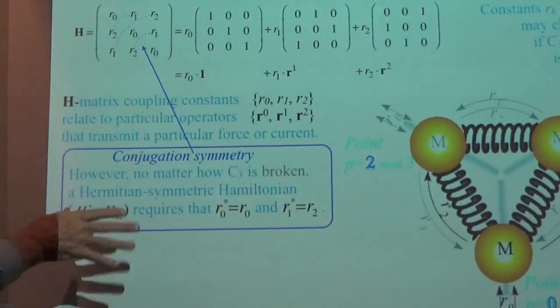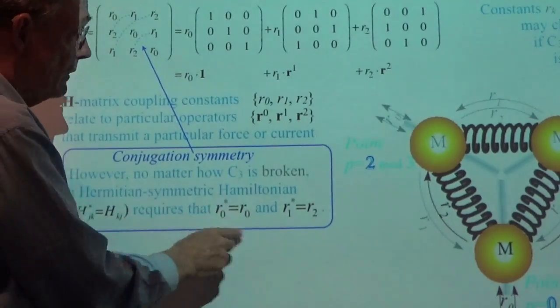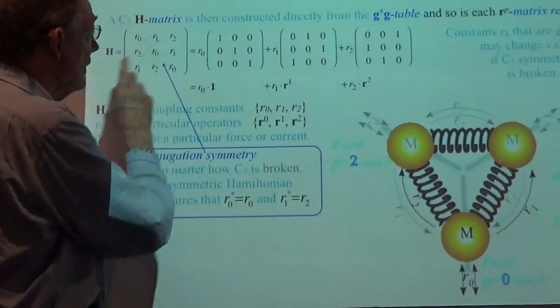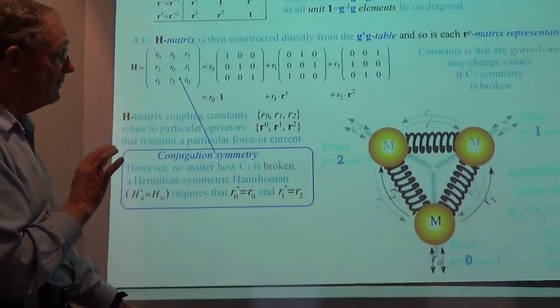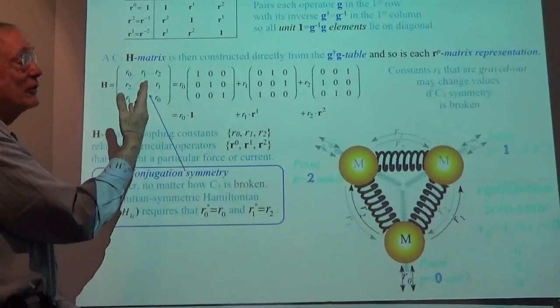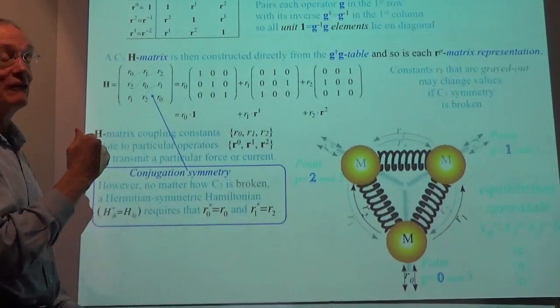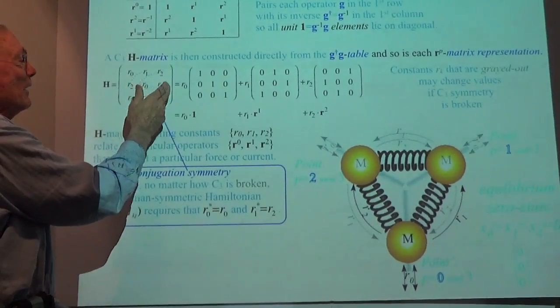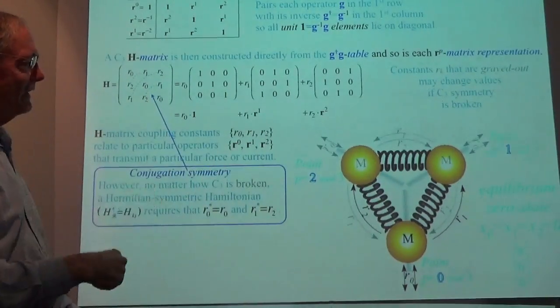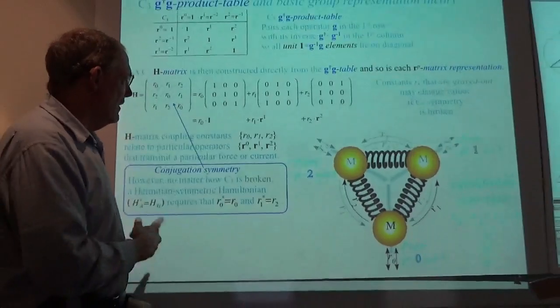Now it's possible to break that too, to make them not equal, okay, make them not conjugates of each other. It's also interesting, and we'll talk a little bit about that. But just having them be complex is already interesting because they have to be complex to get a current going through, get that C-type motion. We have to have an imaginary part for these in order to get something going in a tunneling model like this.